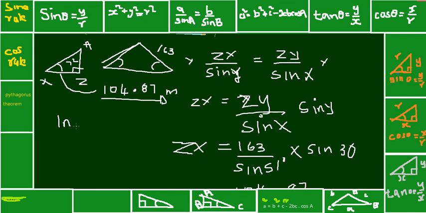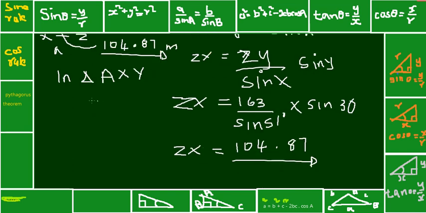So in triangle AXZ, because we have a side and an angle here, we are looking for this one. We have the adjacent, we're looking for the opposite. So we look at the ratio that has these. Adjacent is the same as x, opposite is the same as y.